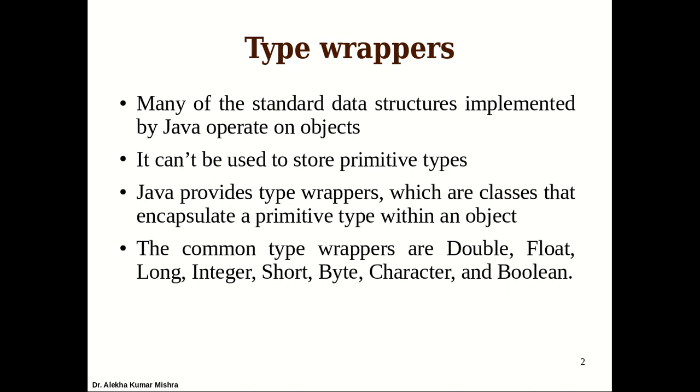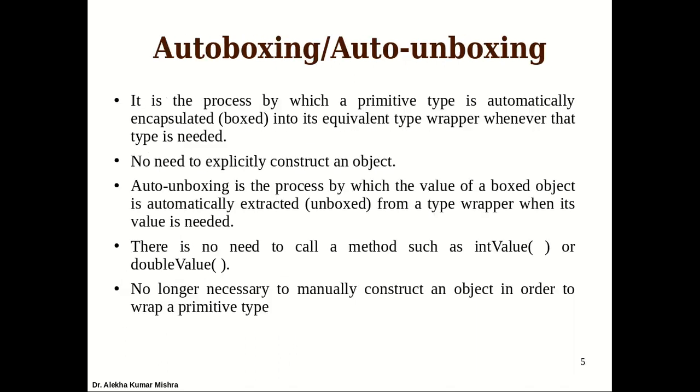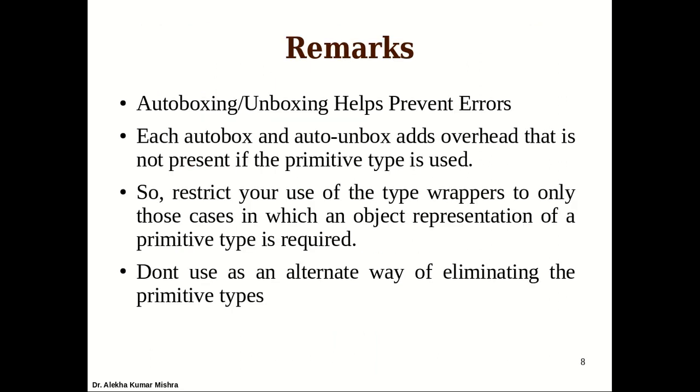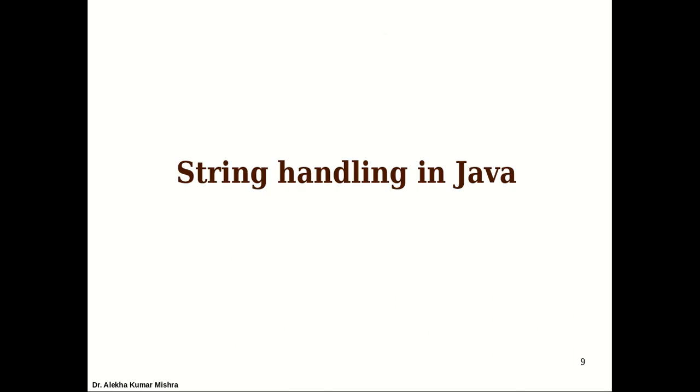Others are not essential, so whenever required, please see some examples. I have already told you the basic way to do that; the rest is to work it out through some examples. So this is all about the type wrappers and their auto boxing and auto unboxing process.